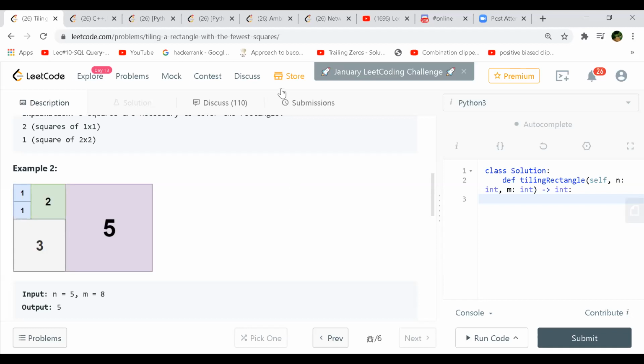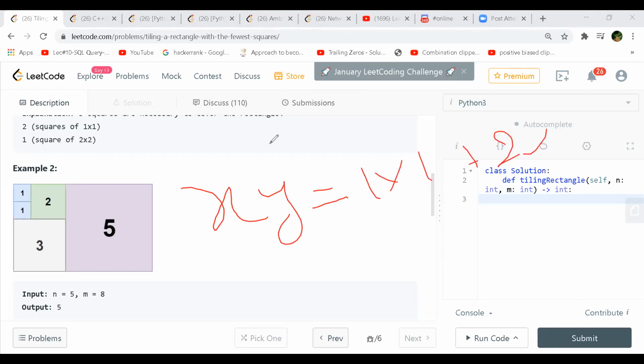Yes. So you have to find the minimum number of squares so that when you add them, their area is equal to the entire area of the rectangle, x into y. Any square, like 1 into 1, 2 into 2, 3 into 3 and 5 into 5.